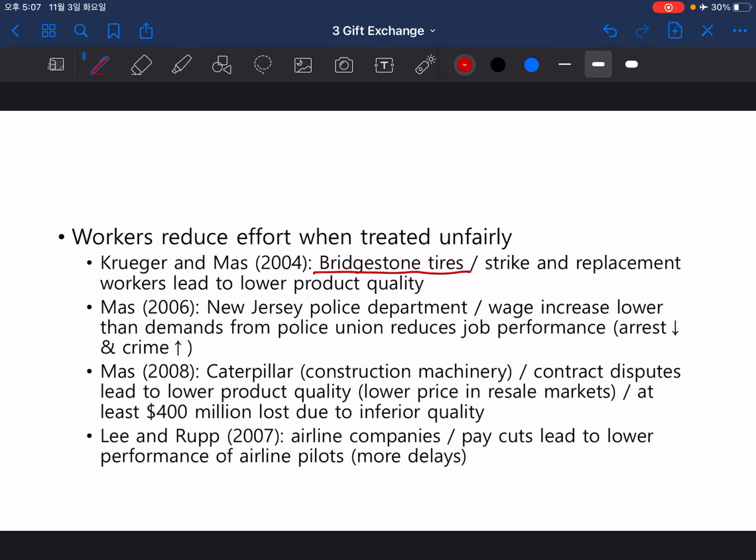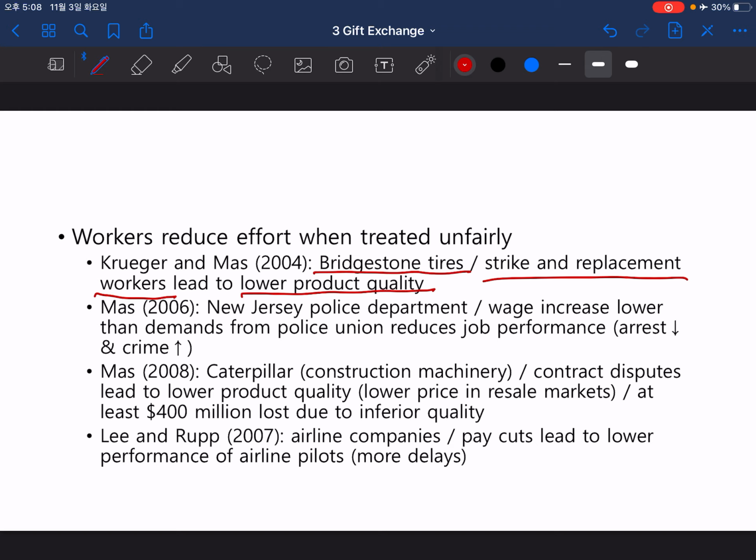If there is a strike among workers and replacement workers, when some workers strike and don't want to work, maybe companies just dismiss such workers and hire temporary replacement workers. When there is a strike in the company and there are many replacement workers, the researchers found that product quality is very low.